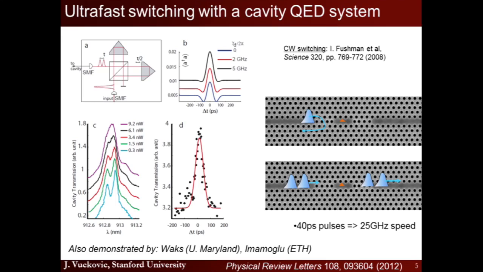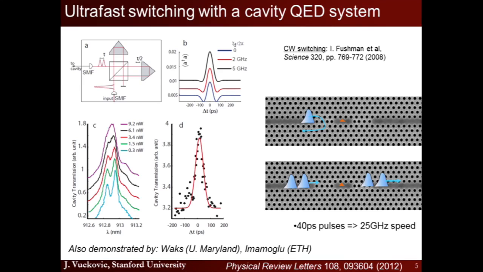So in this experiment, we exactly did that with two pulses, and we measured transmission through the system as a function of time delay between two weak pulses. And the result is shown in the middle, subplot D. Here we plot transmission through the system as a function of time delay between the two pulses.